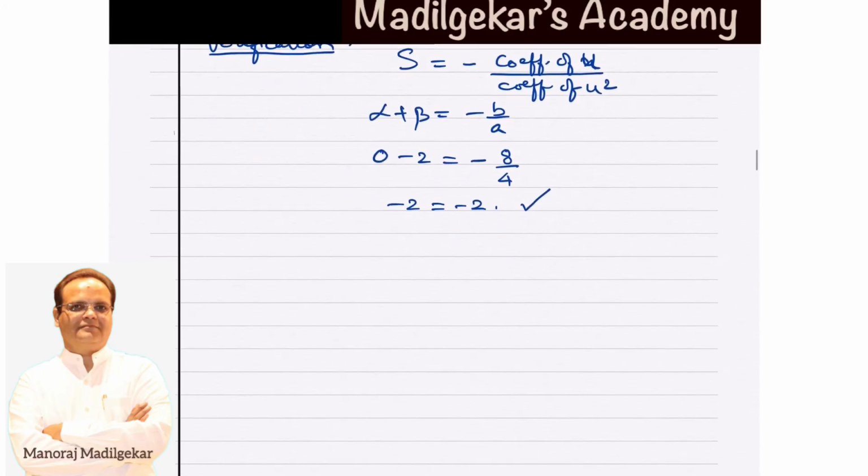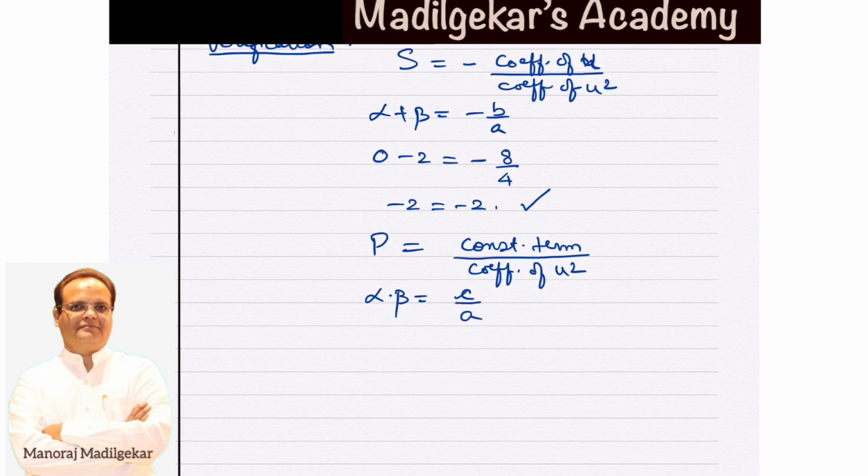Now verify the product. Product is constant term upon coefficient of u square, that is alpha into beta is c by a. Alpha is 0 and beta is minus 2.